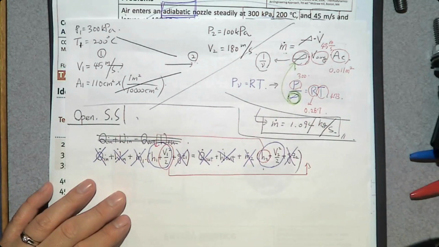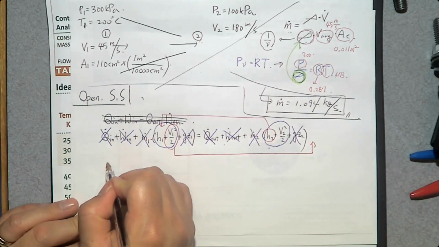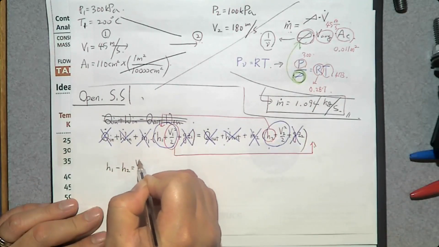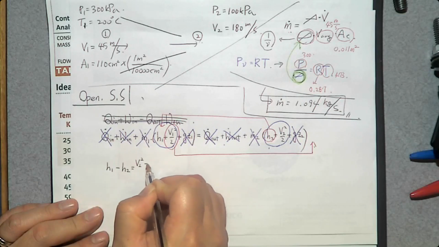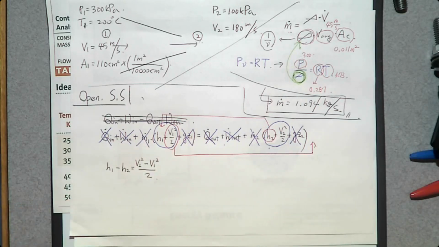We can do that, and then the equation becomes h1 minus h2 is velocity 2 squared minus velocity 1 squared divided by 2. So that is the energy balance equation.